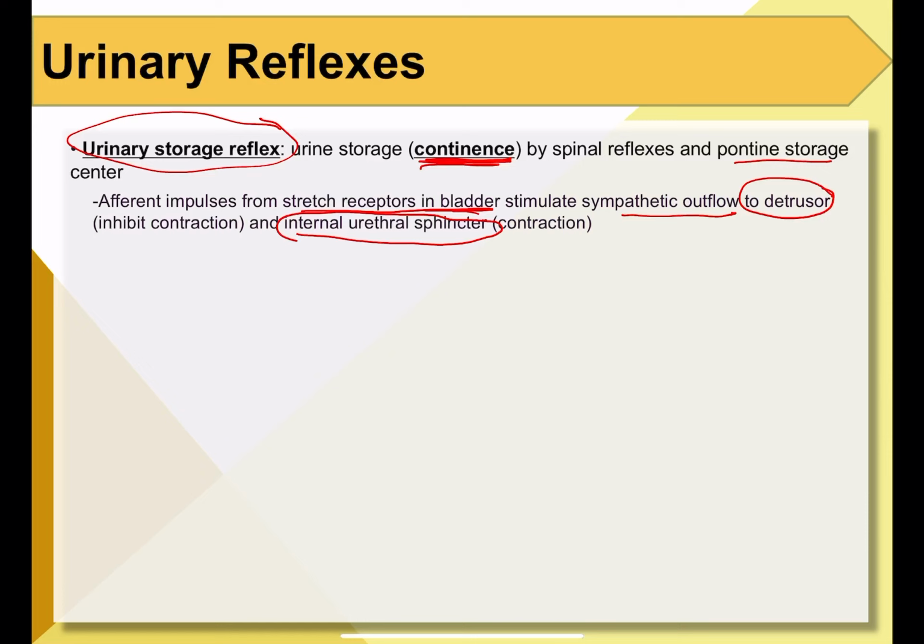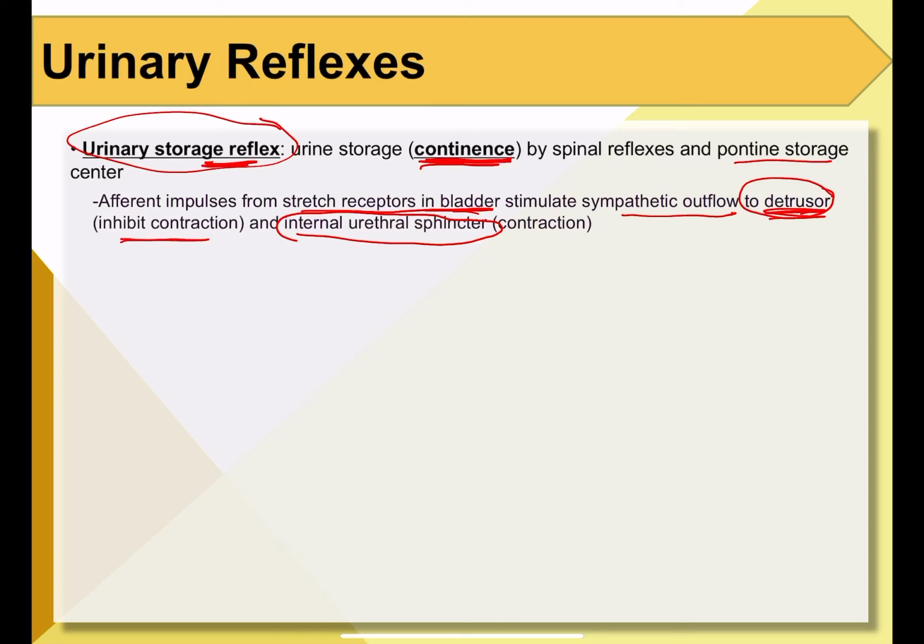It stops your detrusor muscle from contracting, because when you're storing, you don't want your bladder contracting. So the storage reflex means the detrusor muscles inhibit contraction.